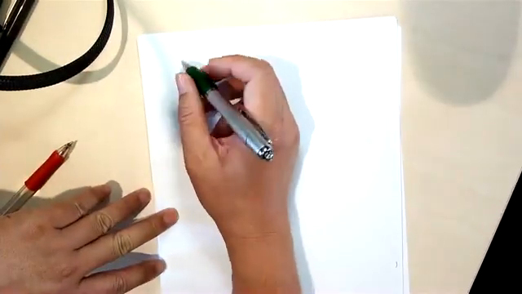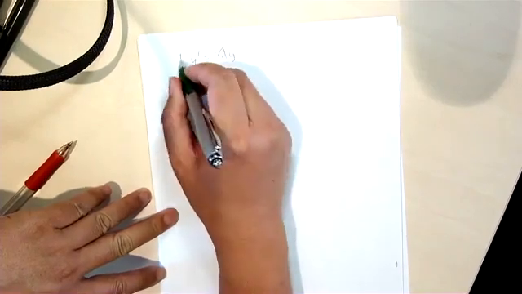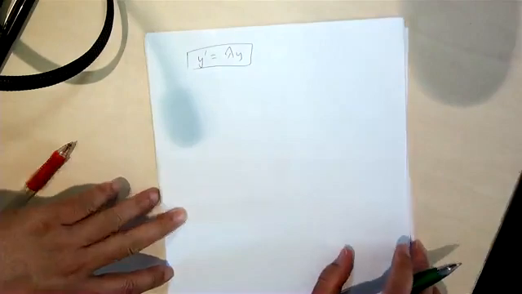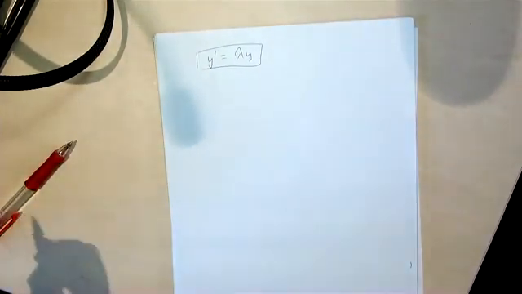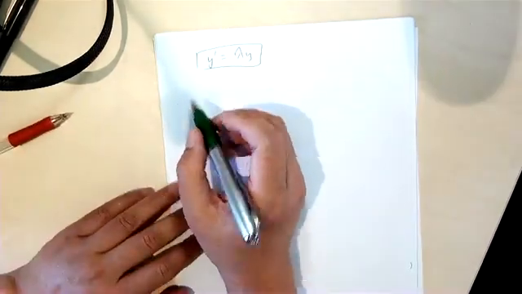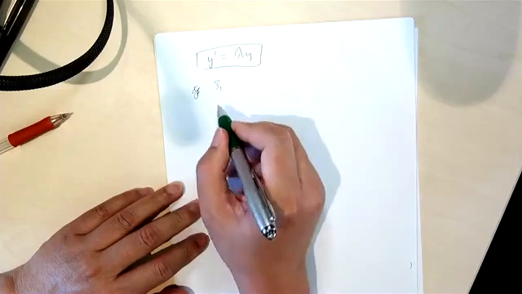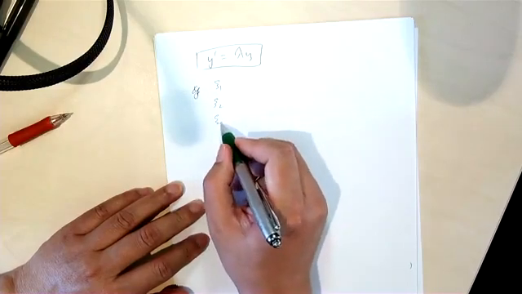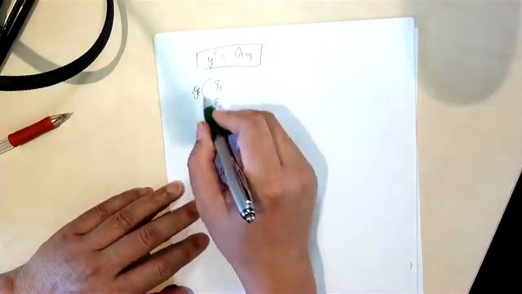So remember, what is the explicit Runge-Kutta method of order 4? Now the ODE will be y' = lambda y. Remember this is our test ODE. And now what is RK4? We have xi1, xi2, xi3, xi4, and then y_{n+1}.